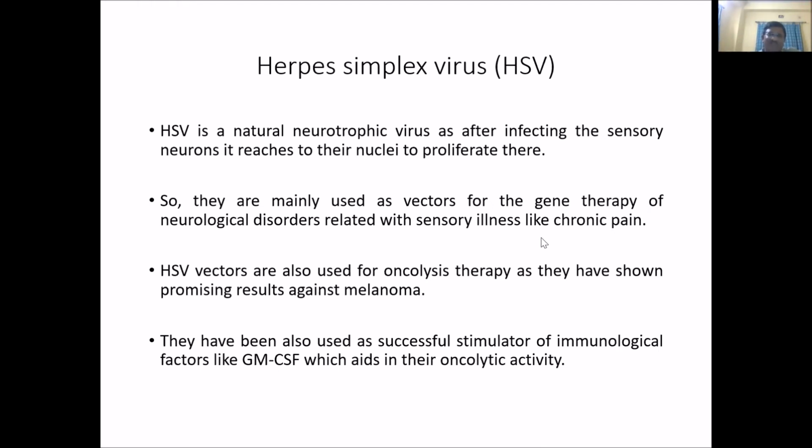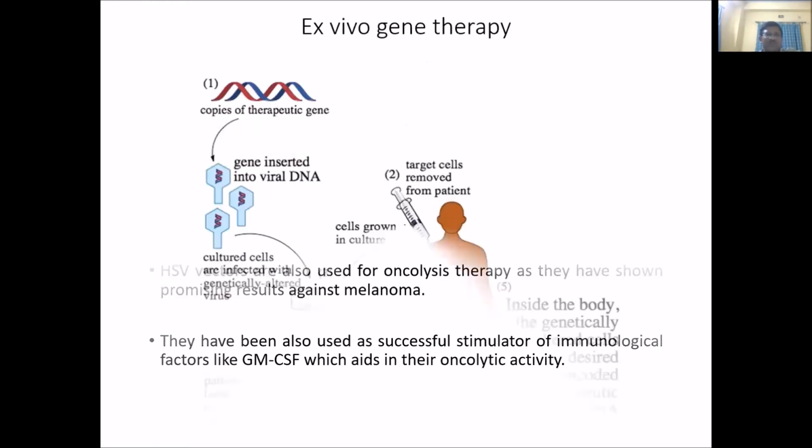But it can also be used very effectively in oncolytic therapies, for example melanoma, because it can produce high amounts of GM-CSF, granulocyte macrophage colony stimulating factor, which will be used to produce immunological cells, particularly T cells, within the melanoma or the cancer cells.